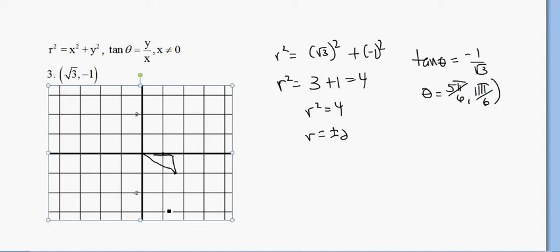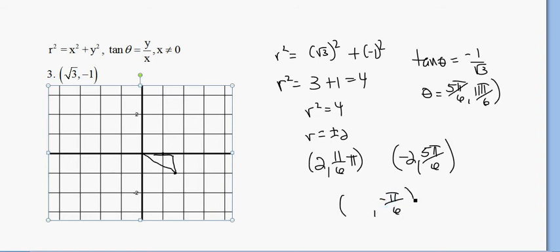So if I want the angle to land in the fourth quadrant and the radius to be positive, that's going to be 2 and then 11 pi over 6. And I can have 5 pi over 6, and if I have 5 pi over 6, I'm going to need a negative radius, so that'll be negative 2. And I could also do negative pi over 6, which would just be 2.